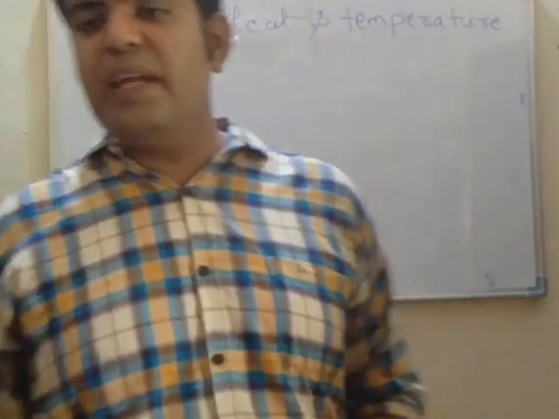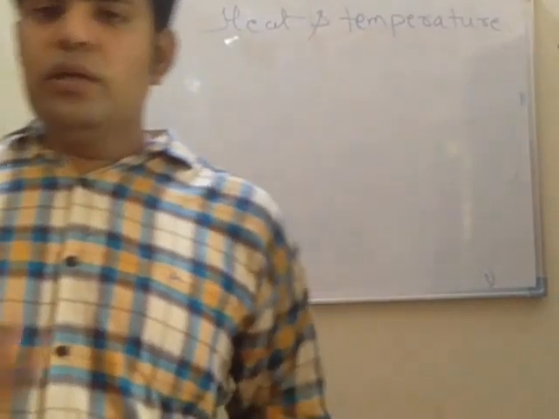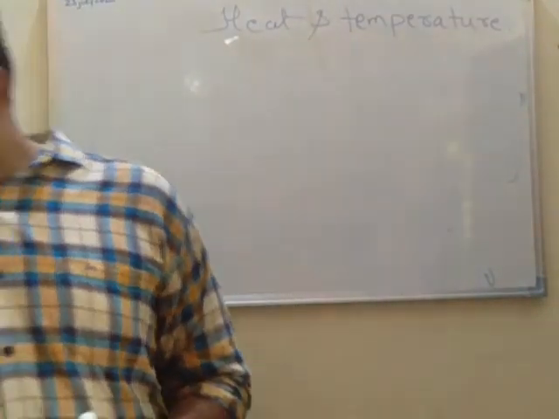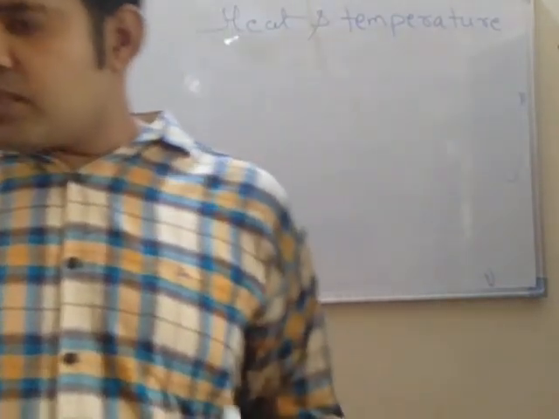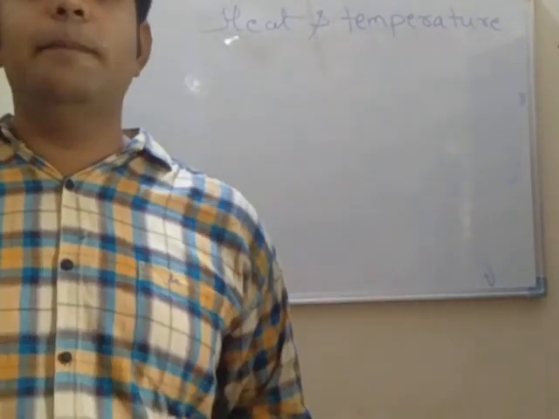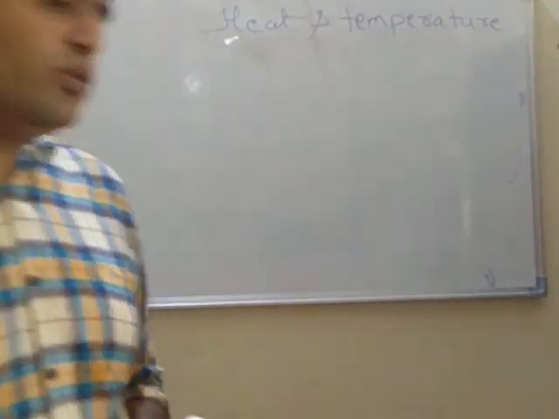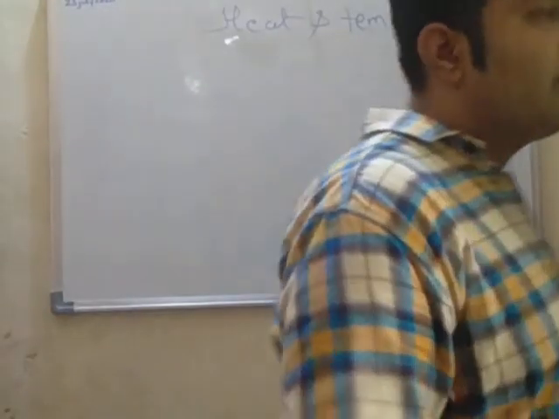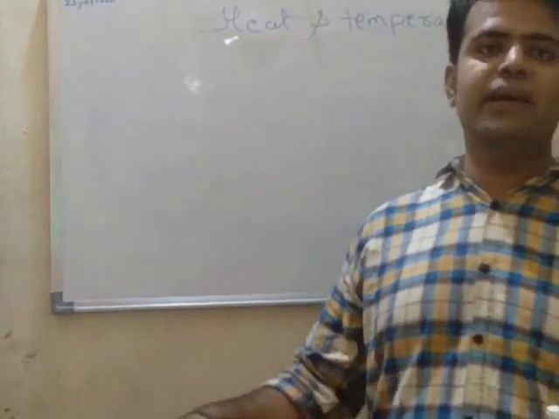So there are various types of thermometers used by us. Today you just learn the use of the thermometer. A thermometer is used to measure the temperature of a body and even an object.